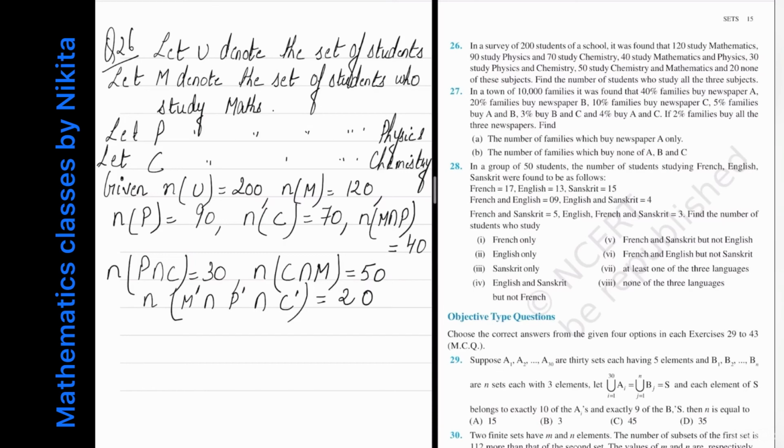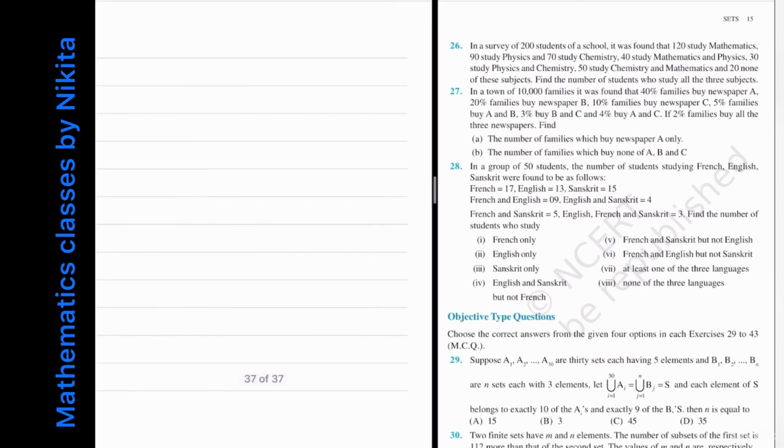So this is the main point of the question. So neither maths nor physics nor chemistry. And what you have to find? You have to find the number of students who study all the three subjects. That means you have to find n of M intersection P intersection C. Now use this formula.